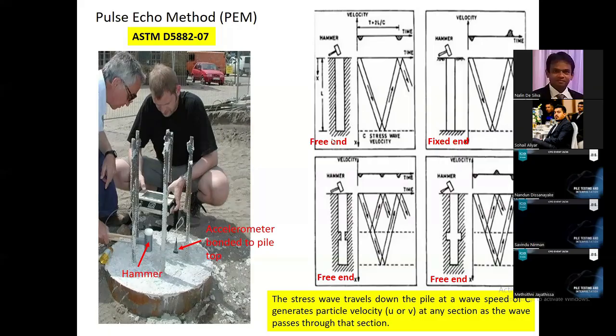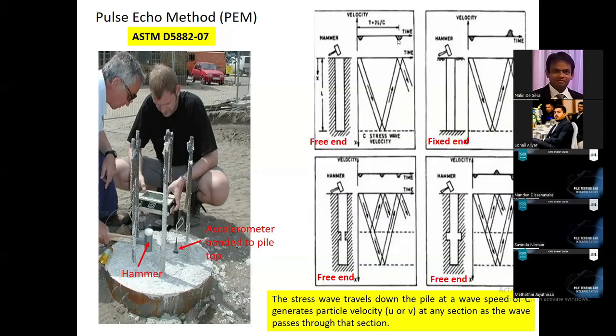So if you have a free end, and this is the wave profile, this is the direction of the particle velocity. You can take the sign convention in whatever way you want. In this case, the negative sign is taken as the direction of the initial wave.